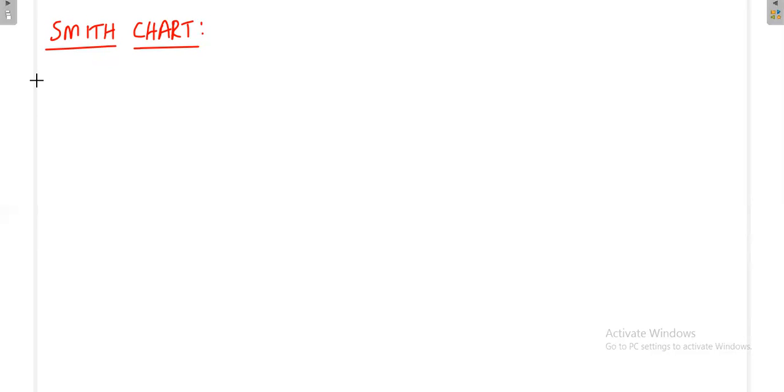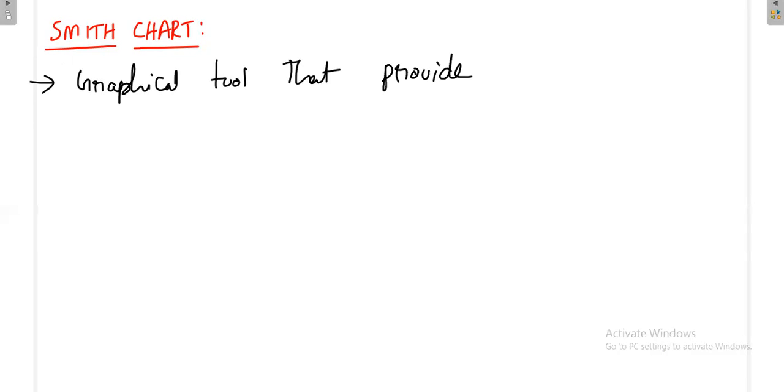Smith chart is a graphical tool that provides a solution for any transmission line problem.